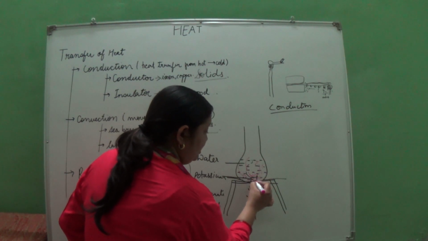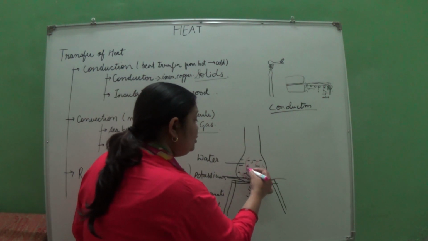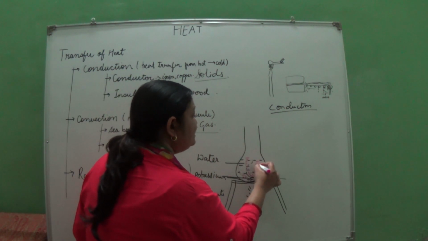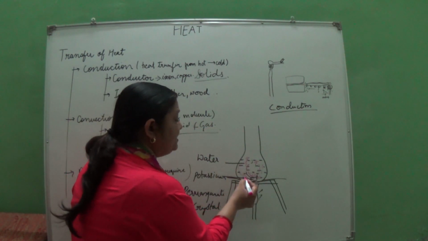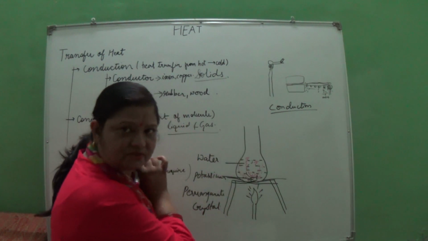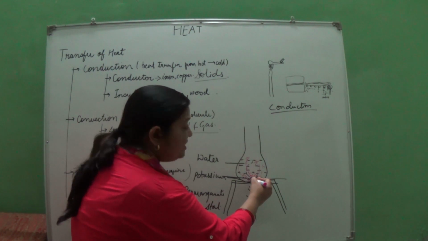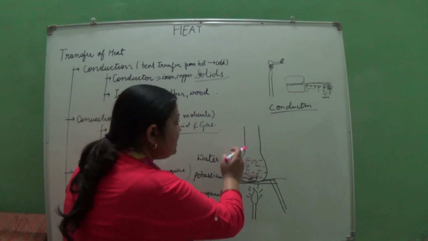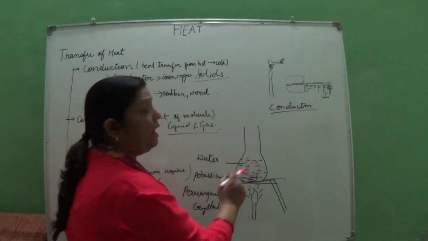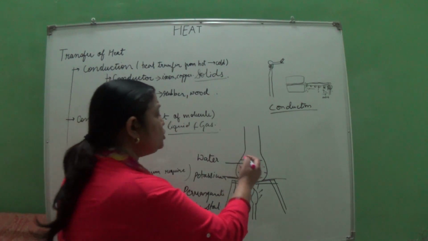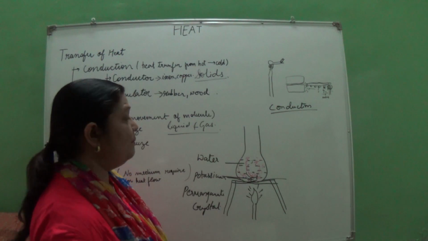The liquid over here gets heated, and as a result the molecules over here start rising up, and the molecules which are present at the side rush to reach this position, and as a result the water present over here also gets heated, and the side molecules also come to this position and get heated. So the total process goes on in a cyclic manner.